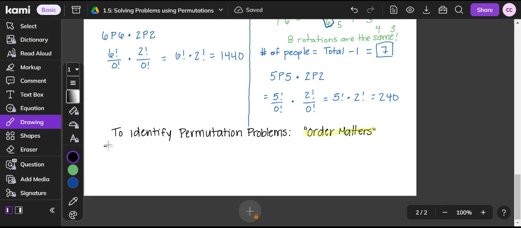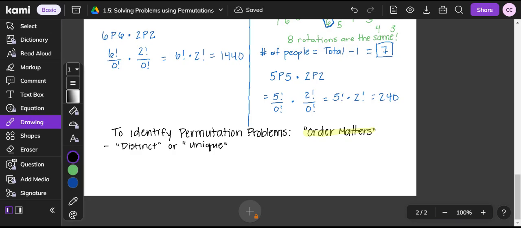So remember, anytime you see the word distinct or unique, this tells you that the order of something must be distinct or unique. For example, 1, 2, 3 is not the same as 2, 3, 1. This tells you it's a permutation.